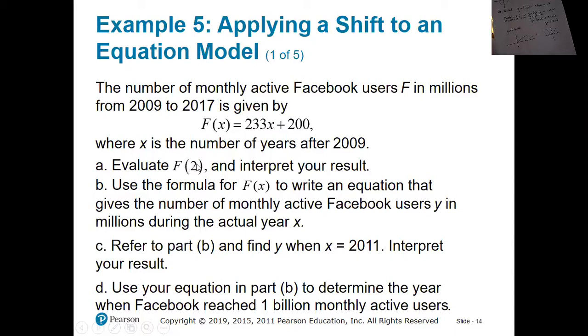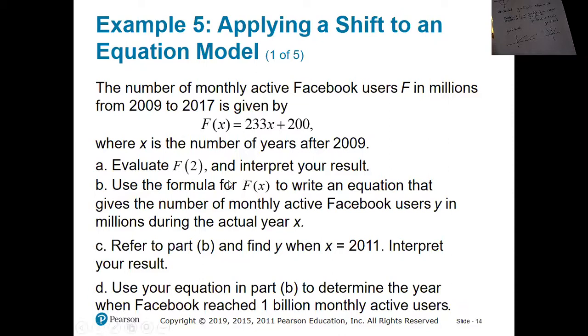So this is really saying, in 2 years, which would be 2011, what's the dollars going to be? So we put 2 in for x, and that would be 2 times 233. So 466 plus 200, $666 million in 2 years. That's a lot, isn't it?